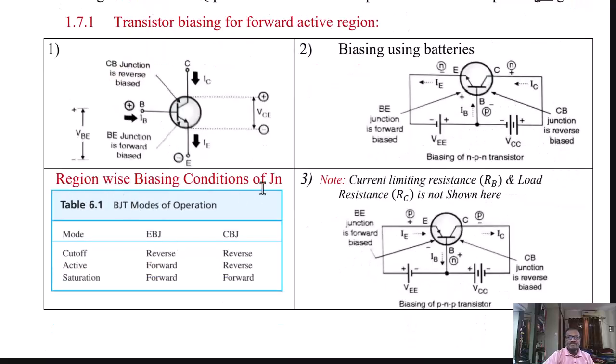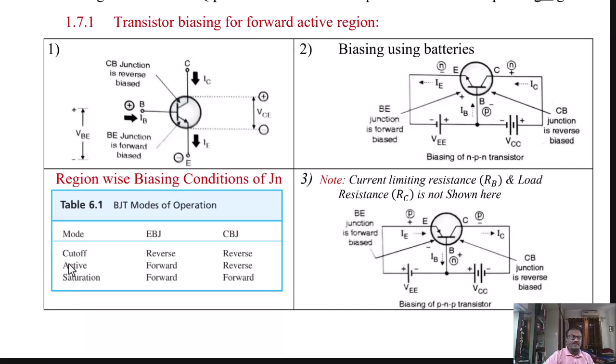Various biasing conditions of the base to emitter junction and base to collector junction for operating the device in various regions are shown here in the table. For the active region, we have seen the emitter to base junction should be forward bias and the collector to base junction in reverse bias.